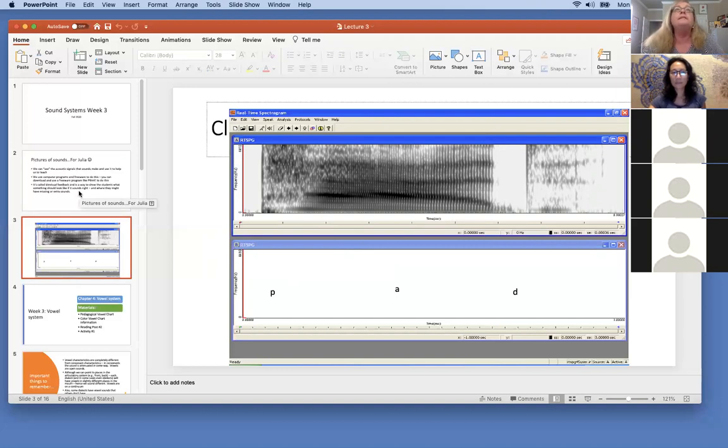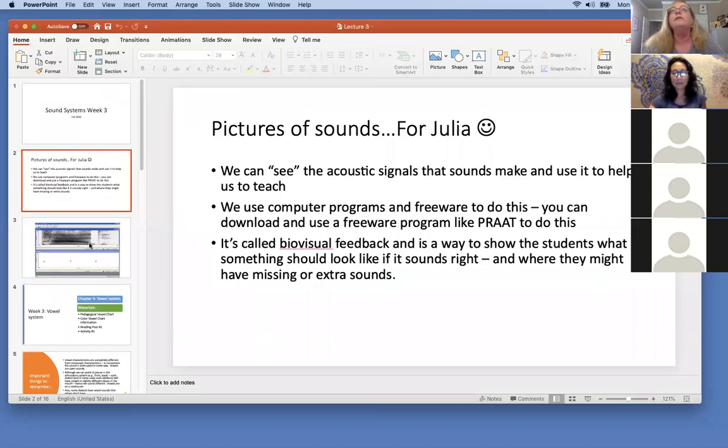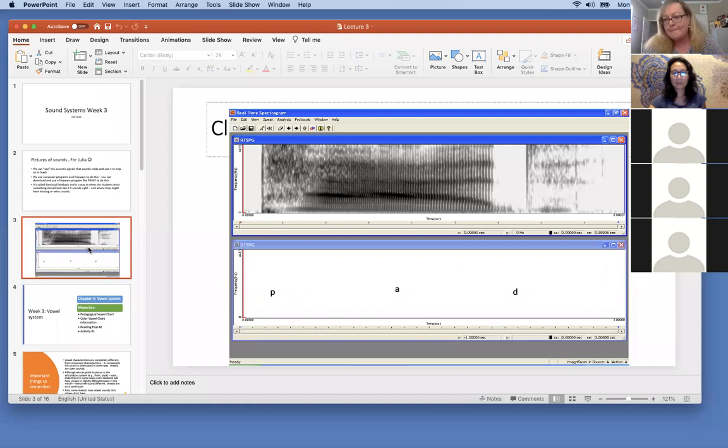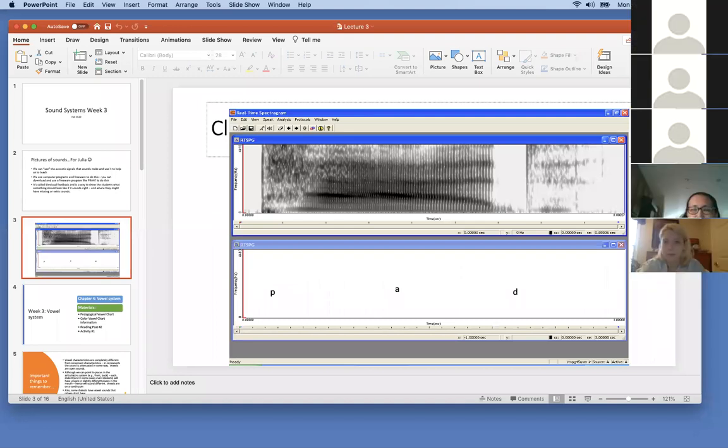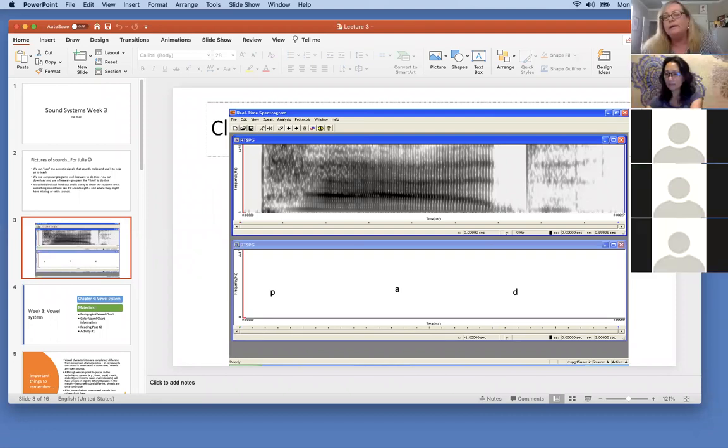So Julia, does that make more sense to you now? Yes, it does. I actually tried to download that software yesterday, but I think because of my Adobe Flash, it wasn't enabled, so I couldn't download it. Or also it said that it wasn't connecting to a secure site, so I don't really know how I can download it.